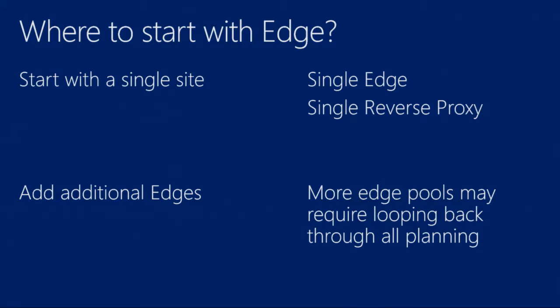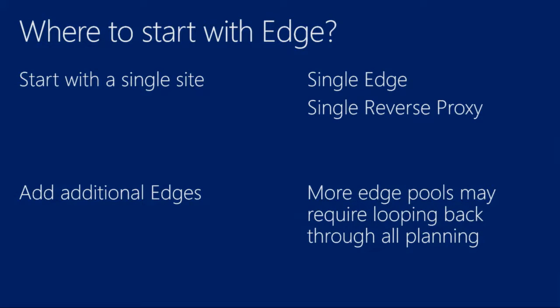So figure out 1 edge, figure out 1 set of edge services, get that working, and then add a second one. The problem, of course, is that we want to add a second one, so you need to plan it ahead of time so that when the changes need to take place, you've already figured the changes out. It's just a matter of implementing them, and then you're proving the concept as you step through each stage.